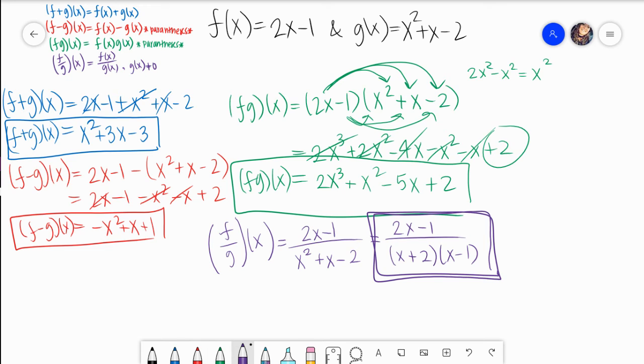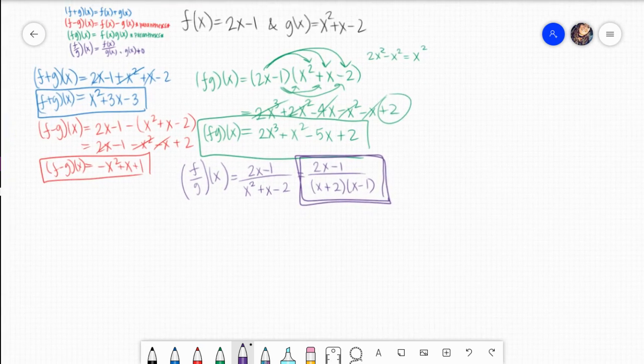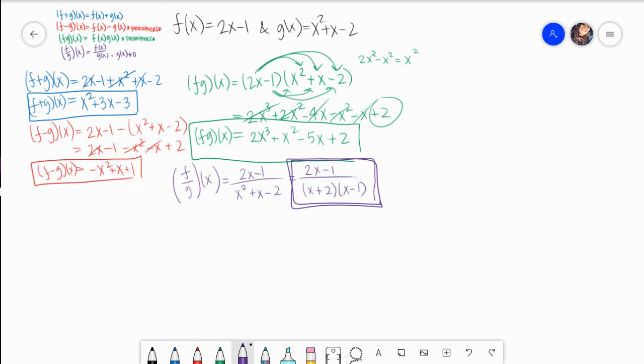But for our domain, what you do is you need to actually figure out when our denominator equals 0. And our denominator equals 0 when both of these factors is set equal to 0. Here I would get a negative 2, and here I would get a 1. So this is telling me x cannot equal those, right?